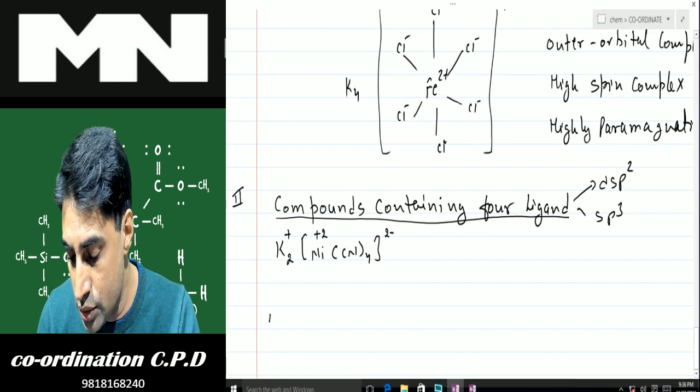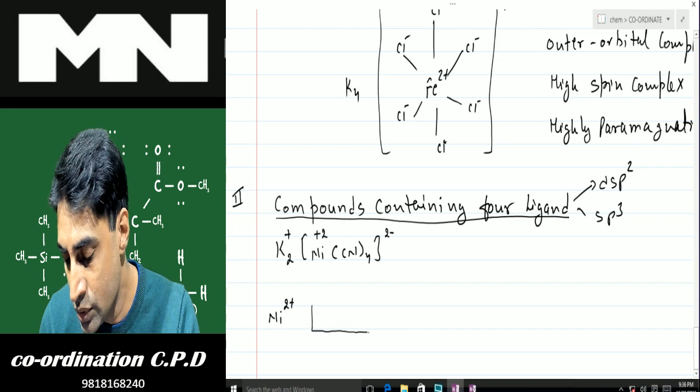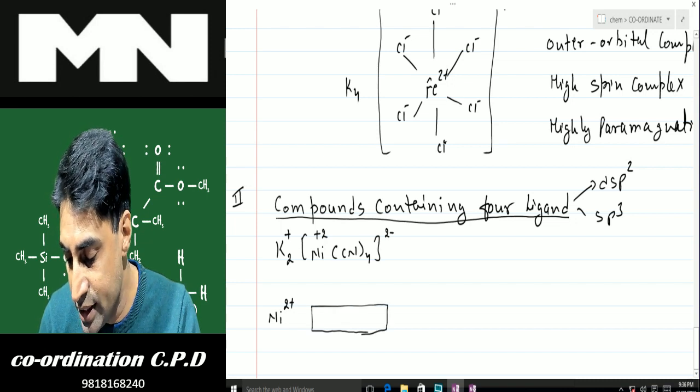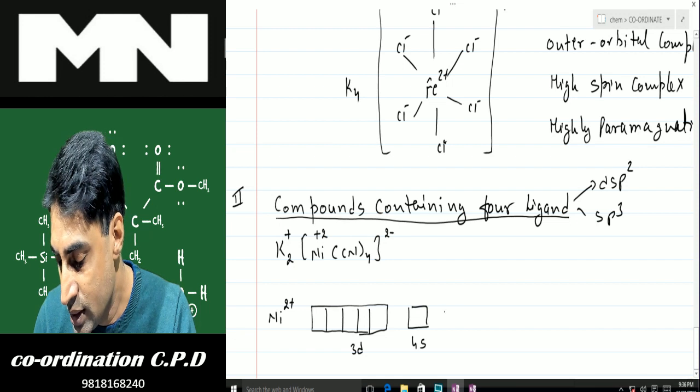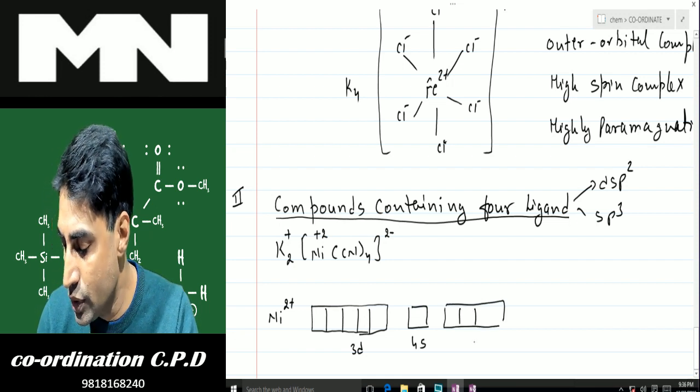Now let us draw the electronic configuration of Ni2+. Here I have got the 3d subshell. This is 3d. Then I have 4s. Then I have 4p. I need not draw 4d.